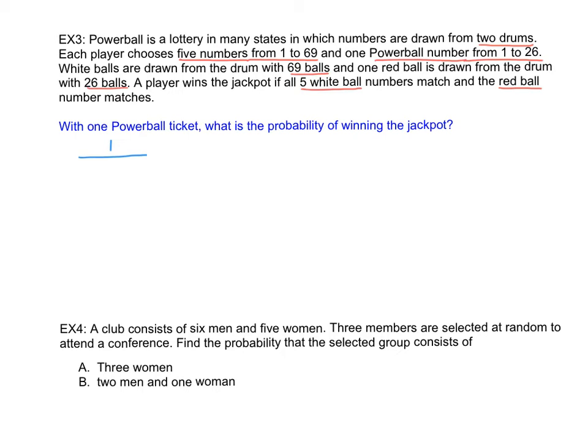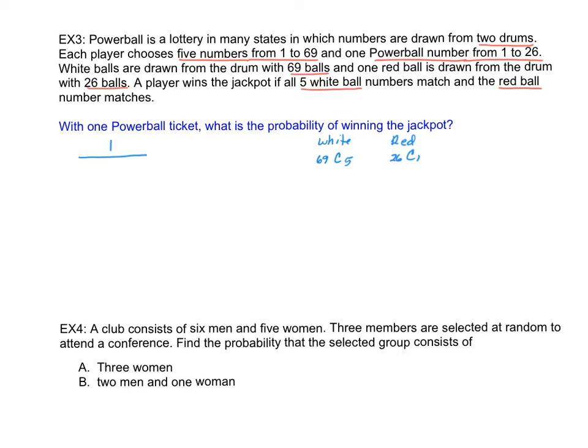Since we're looking at 2 groups, we have to be careful. We have to look at how many ways we can choose the 5 numbers from the white balls and how many ways we could choose the 1 number from the red balls. So the 2 groups would be white and red. Again, order doesn't matter. So out of the 69 white balls, it's a combination where we're choosing 5. Out of the red balls, there's 26 numbers to choose from, a combination where we're choosing one.